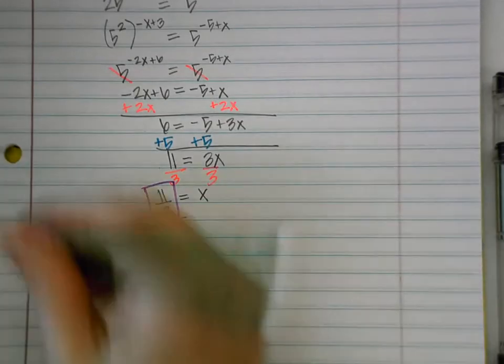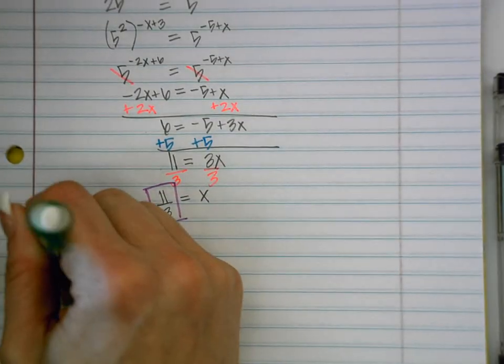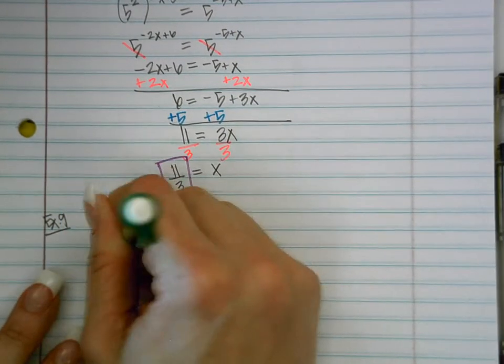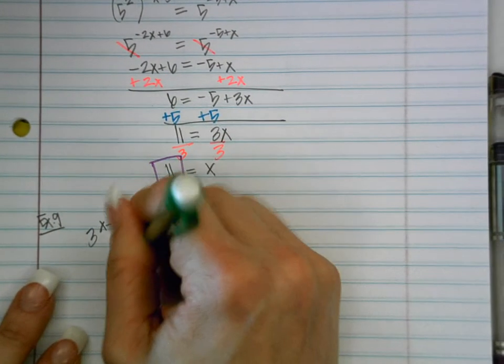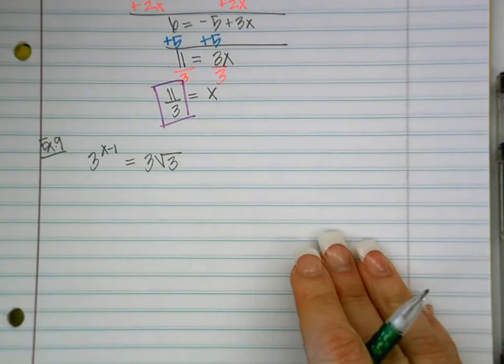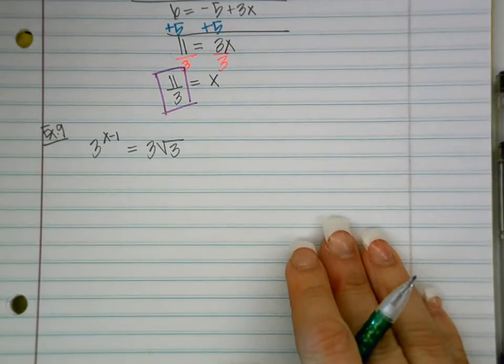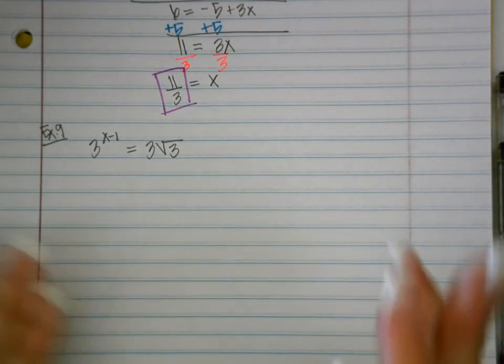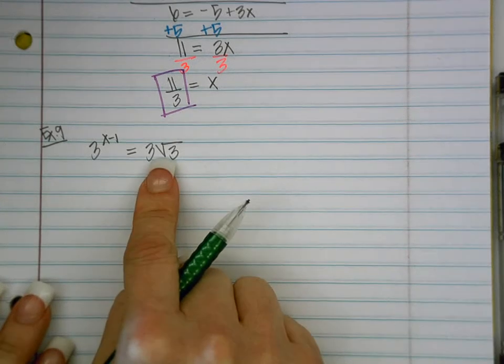You do one more, you'll live. Okay, last one, I promise. Number 9. For number 9, 3 to the x minus 1 power equals 3 radical 3. We did one pretty close to this on the first page. Okay, how is the 3 root 3 attached to the radical 3?